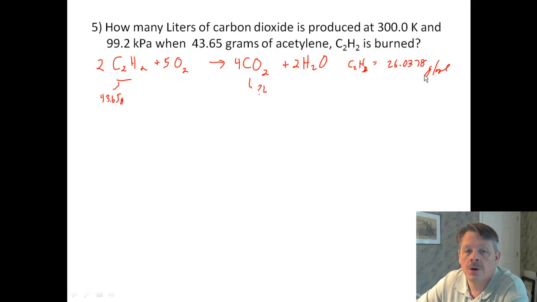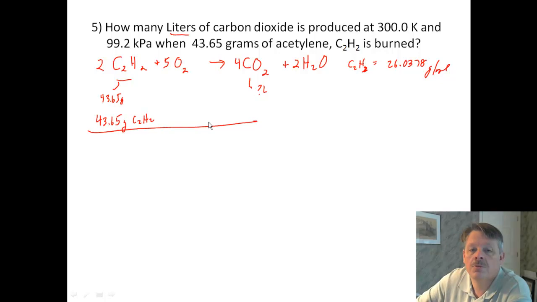All right, so now we have to figure out how many moles of carbon dioxide we have so that we can use PV=nRT to figure out how many liters of carbon dioxide we come up with. So let's start with a stoichiometry equation where we have 43.65 grams of C2H2.